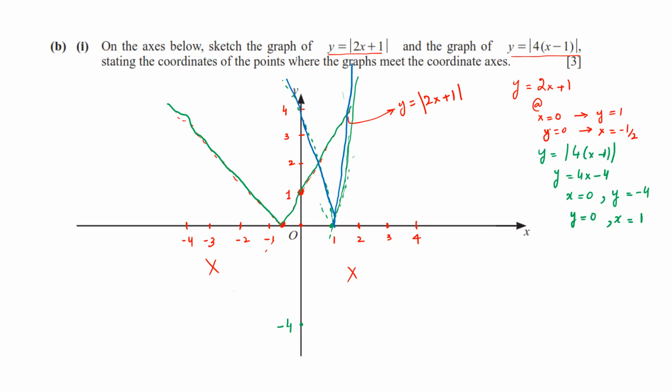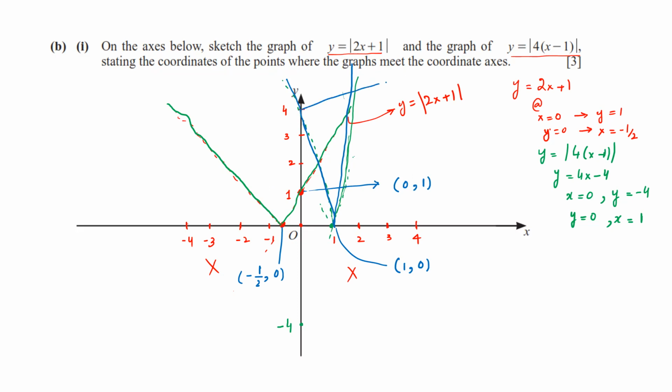And again, it says to state the coordinates of the points where the graph meets the coordinate axes. So this point is on the x-axis: x is minus 1 by 2, y is 0. This is one coordinate. This is x equals 1, y equals 0, the second coordinate. This point is x equals 0, y is equal to 1.